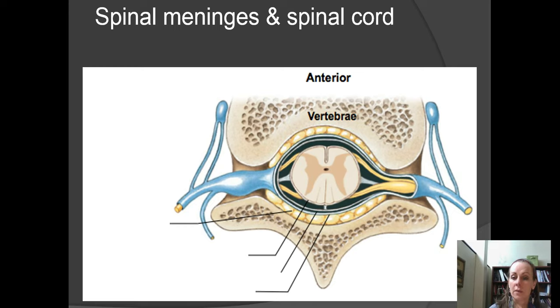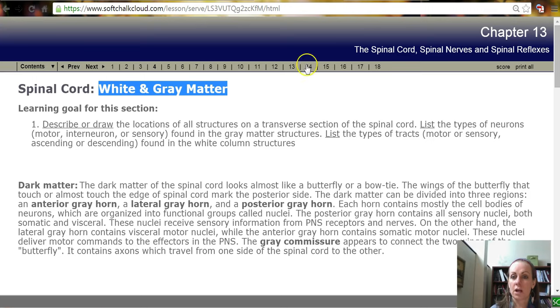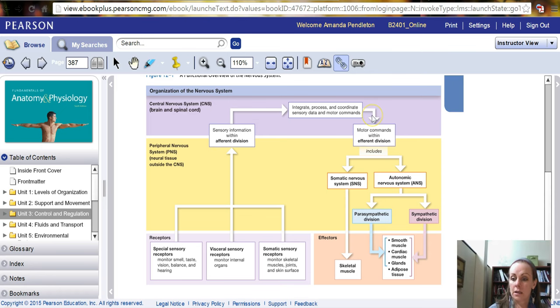So we're going to talk about different subregions within the white matter and gray matter. One thing that I would suggest you do, we talked about this in the beginning of chapter 12, is look at this diagram on page 387, which shows the different divisions of the nervous system. Particularly you need to know the difference between somatic sensory and visceral sensory, and the difference between somatic motor and autonomic, which is another division of motor.